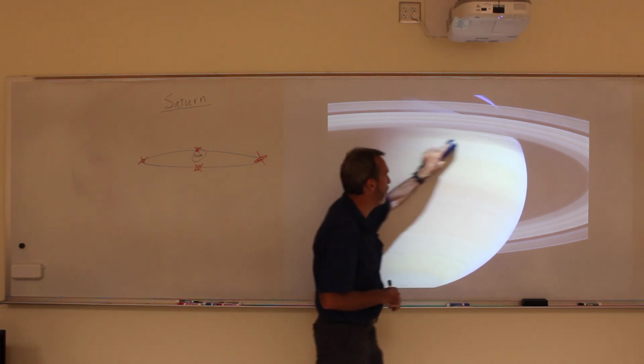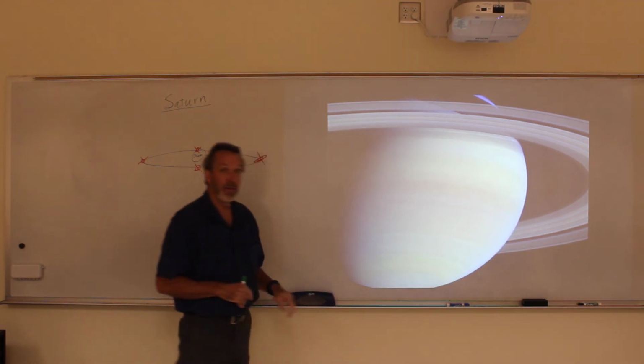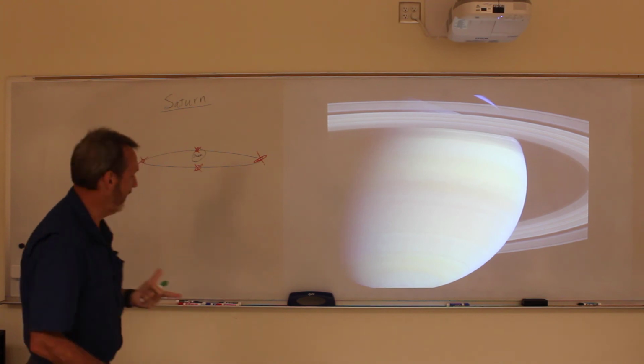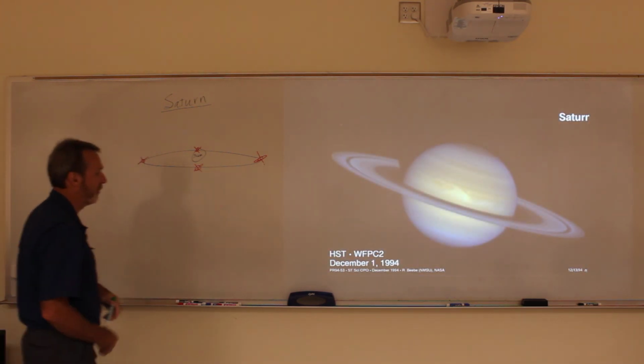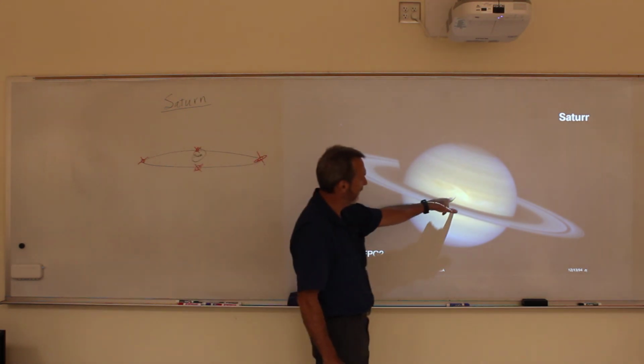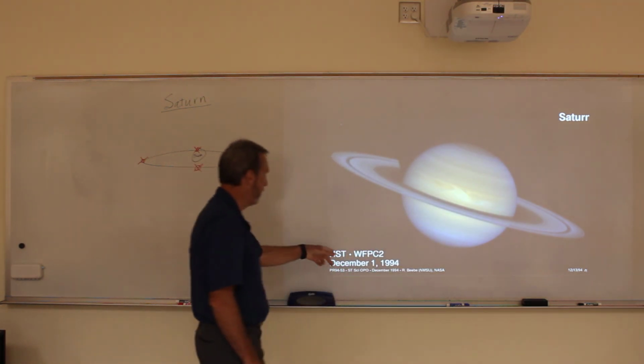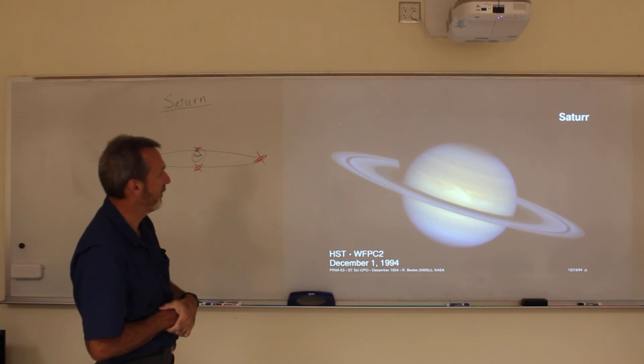And we've seen some weird effects. We do see storms on Saturn that come and go. Not as big and prominent as Jupiter, but we do see storms on Saturn. Here is a storm right here. You see, it showed up and then it went away. This is a Hubble Space Telescope picture, so that's pretty much about as good as you get from the Earth.